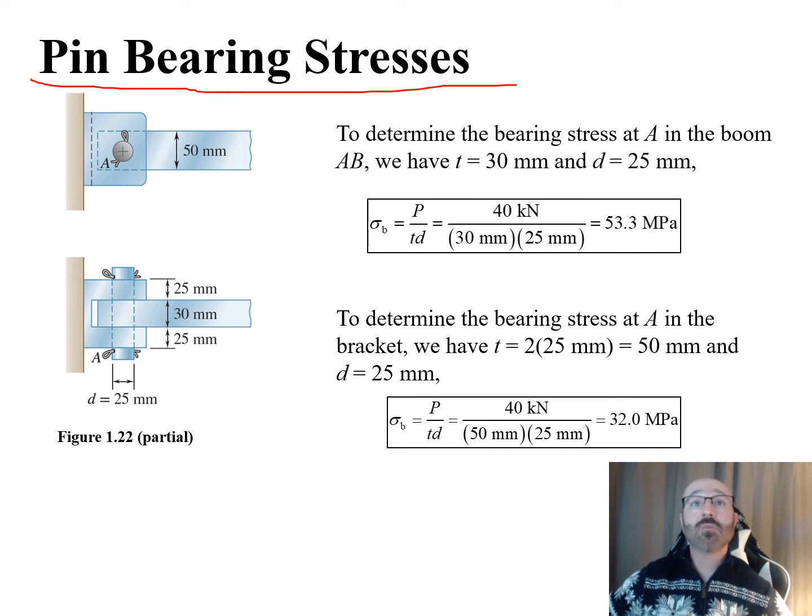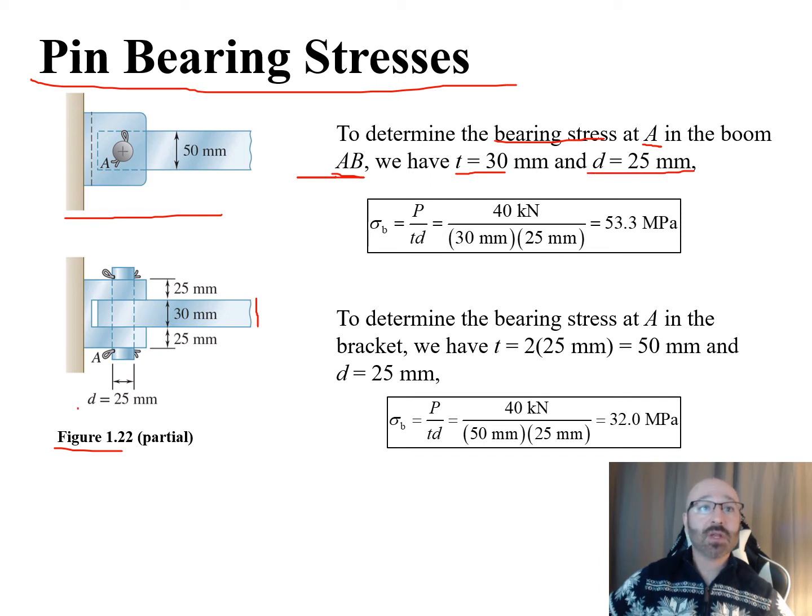In order to determine the bearing stress at A, we'll just start with A first. We can see this in our diagram right here, figure 1.22. In the boom AB, we have our dimensions given to us here as t equal to 30 millimeters. So this is our thickness of 30 millimeters, and our pin diameter of 25 millimeters. So our stress here, sigma B, for the bearing stress is equal to our load over t times d, and we've shown that before in earlier slides.